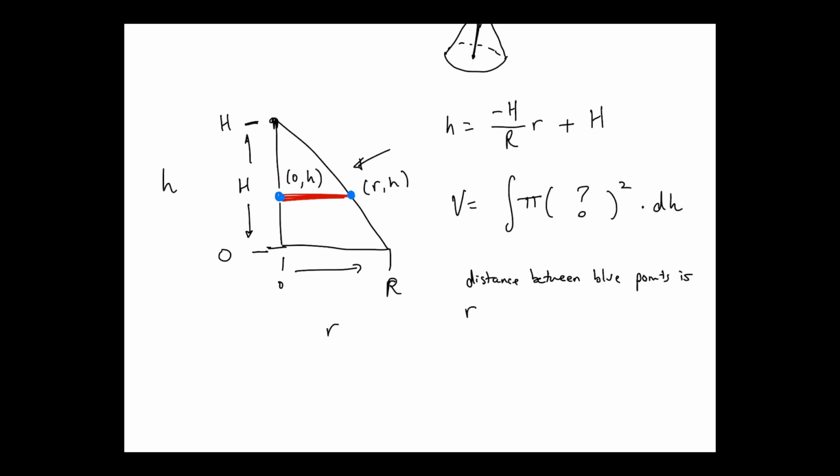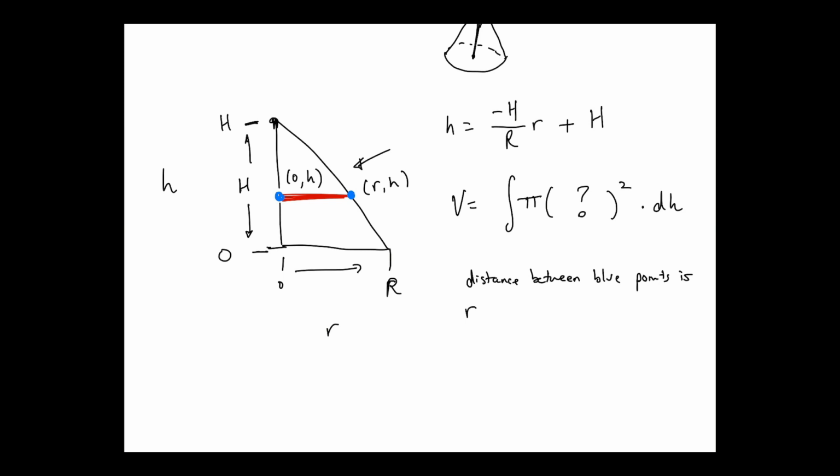It's given by little r, right? However, if I've already said that I'm going to use dh to represent the thickness here, then when I set up an integral, the variable that I use to describe the function, the thing I'm integrating, should be in terms of little h, not little r, right?